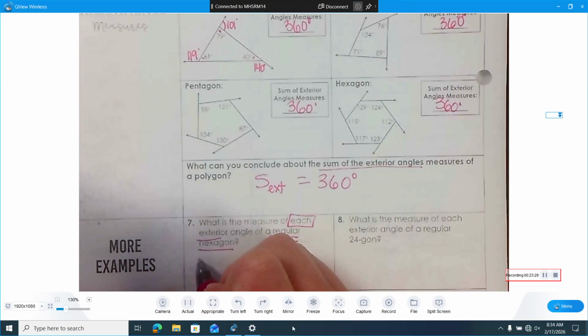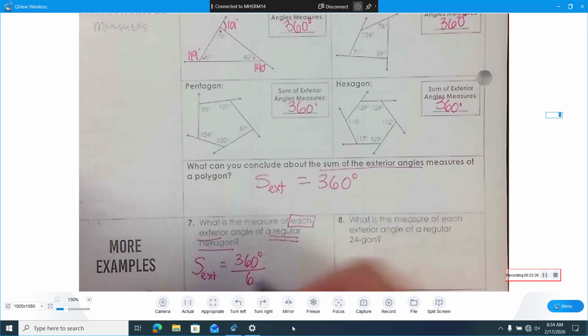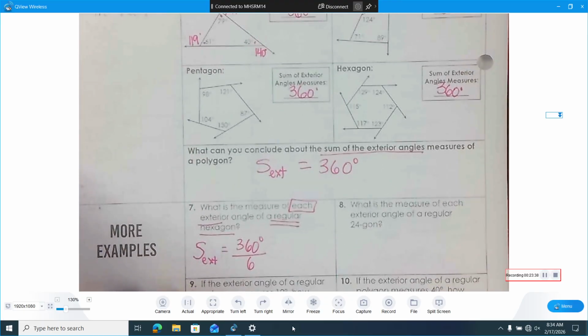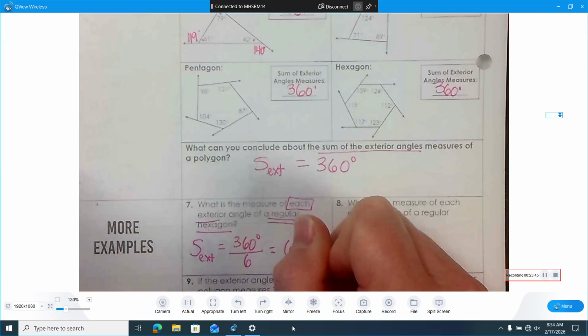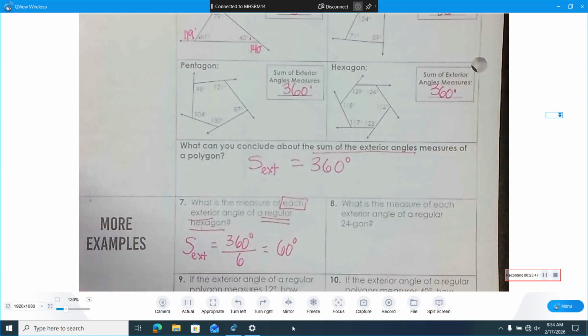Yes, so we can take our exterior angle sum, 360, but a hexagon has 6 sides, which means it's got 6 congruent angles, and 360 divided by 6 is 60 degrees. So each exterior angle is 60 degrees.